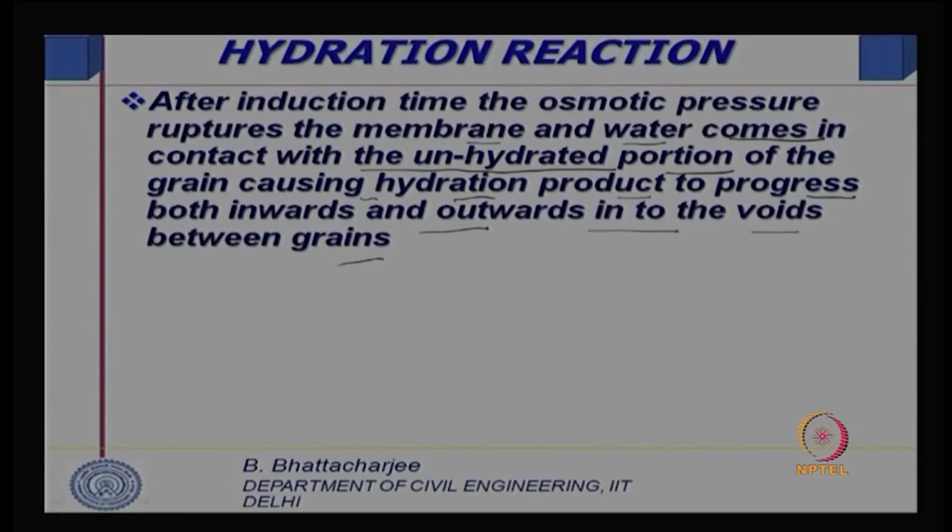So, this osmotic pressure that is higher on the grain side causes rupture of the membrane, and thereby water can enter through the membrane to the unhydrated cement, and the reaction product will be formed inside, while some of it will go outside and get deposited into the vacant space that is available, and also on the outer periphery of the original cement grain itself.